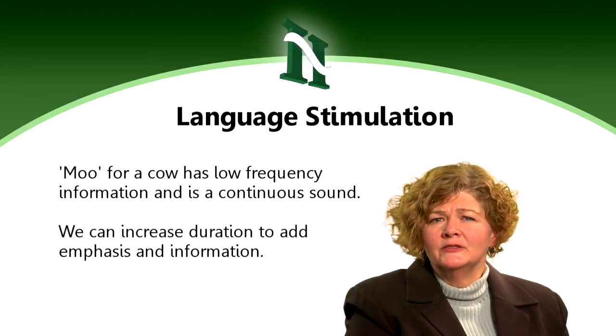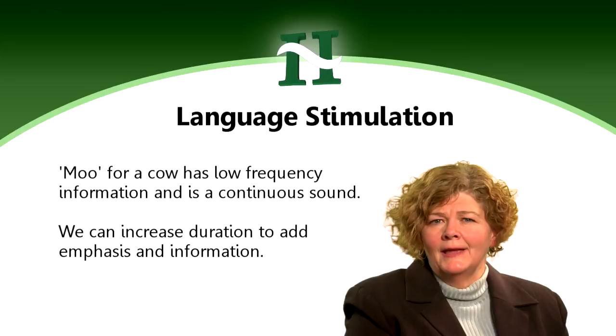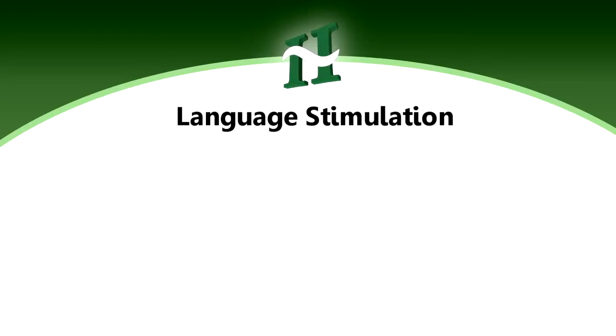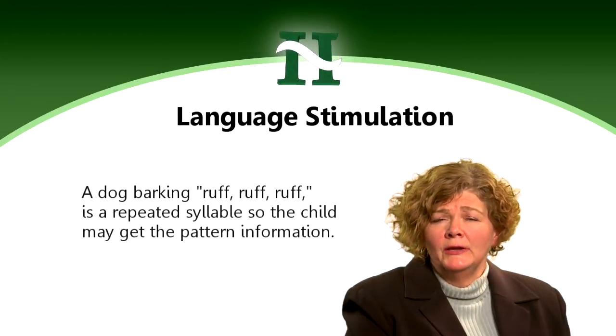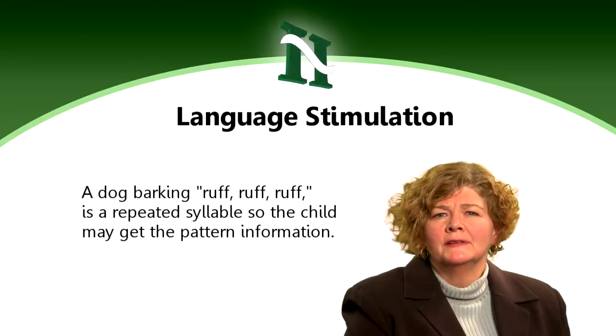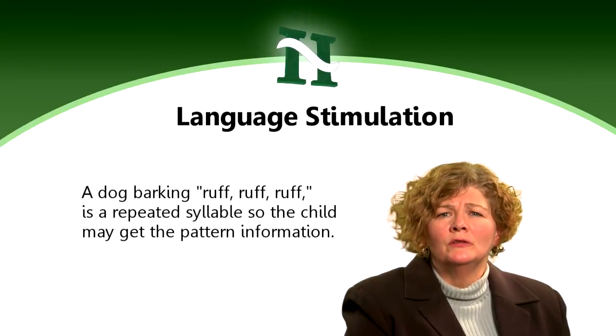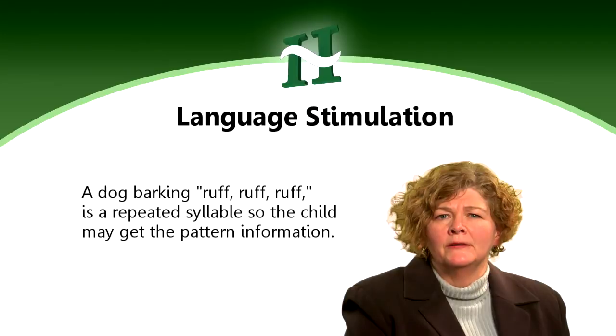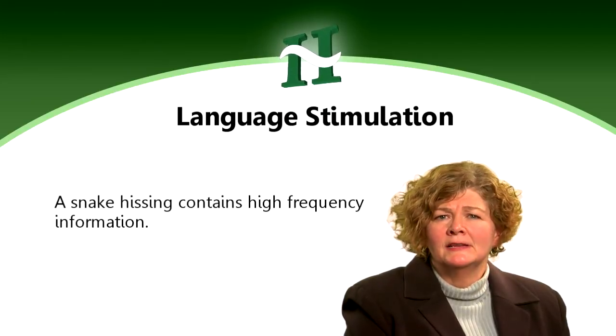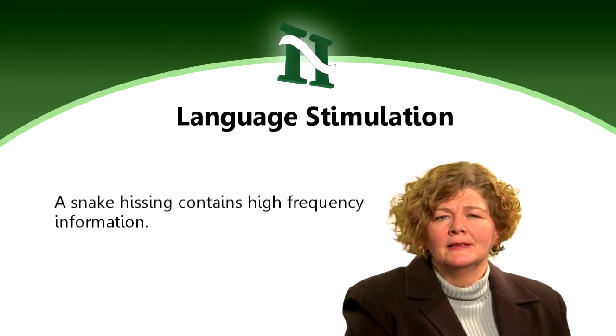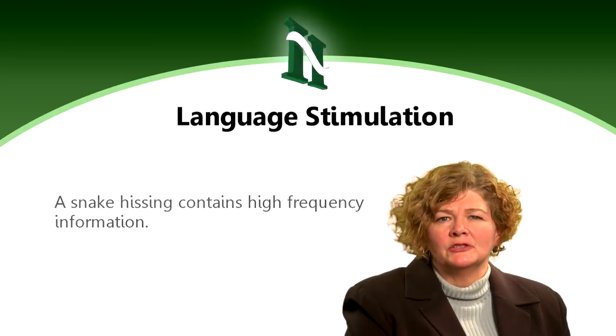We can increase the duration to add emphasis and information. For a dog barking, like roof, roof, roof, this is a repeated syllable, so the child may get the pattern information. The sound s for a snake contains high frequency information.